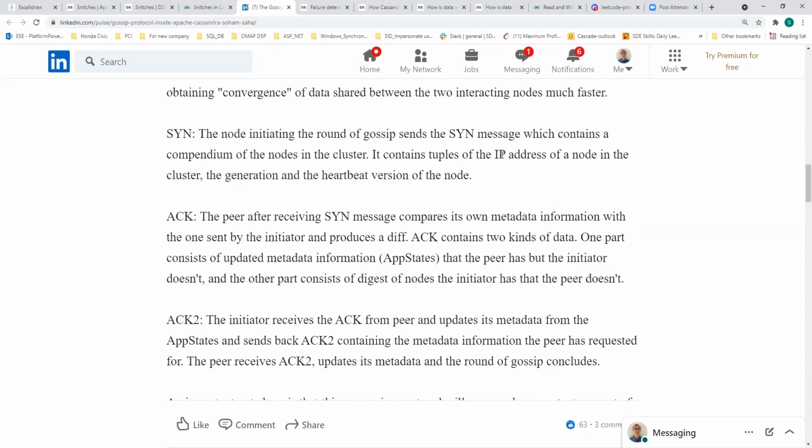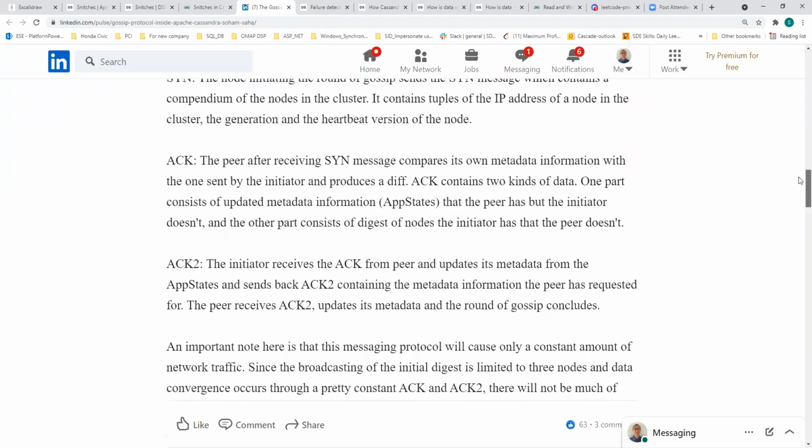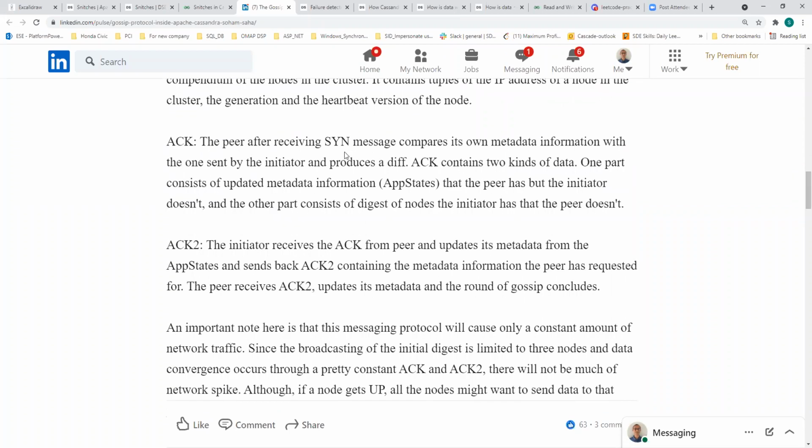It contains a tuple of the IP address of the node and the generation and heartbeat version of the node. Then the ACK takes this message and compares it with its own metadata information, produces a difference message, and sends that back to the initiator.